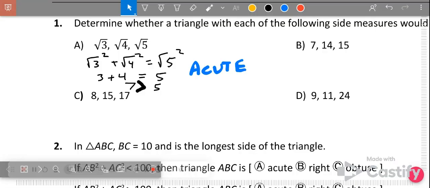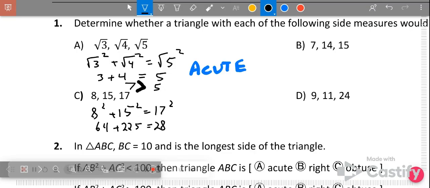If we do the same thing with part C here, I would do 8 squared plus 15 squared. That was terrible handwriting, so let me try that part again. Plus 15 squared equals 17 squared. We get 64 plus 225 equals 289.